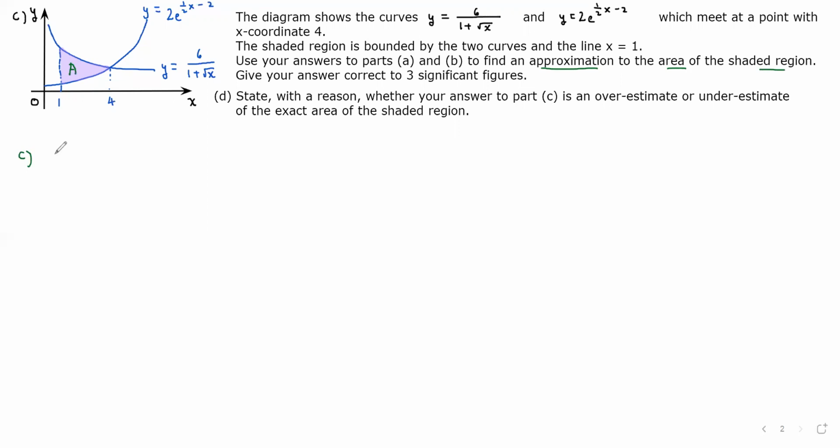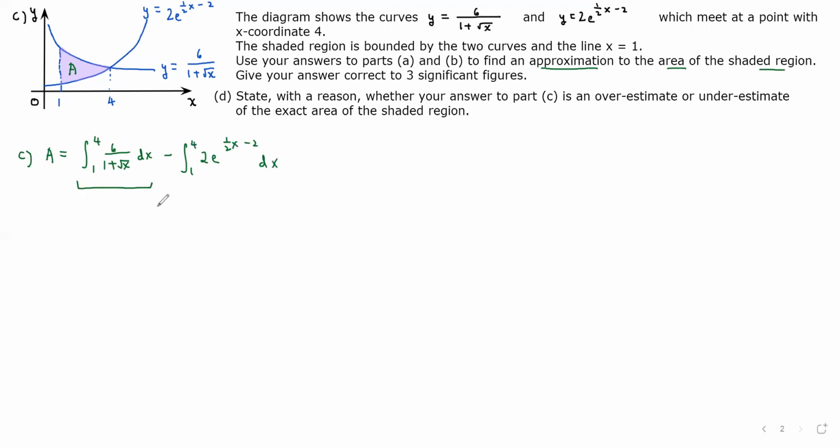So we need to find this area A here. So this area A is actually the area under the curve of 6 over 1 plus root x from 1 to 4, and we subtract the area under the curve of 2e to the 1 over 2x minus 2.